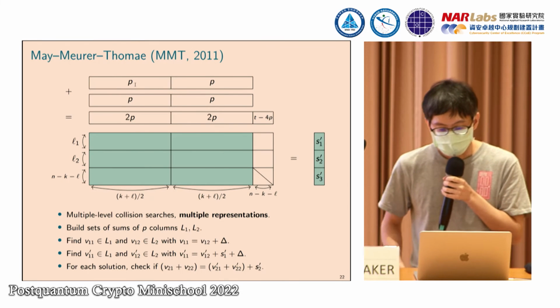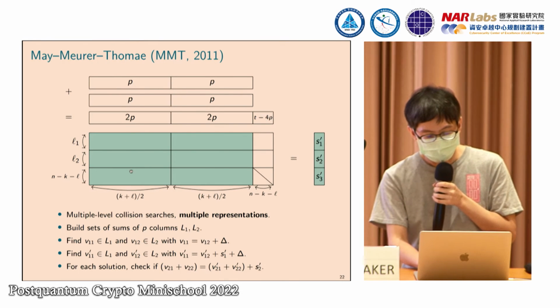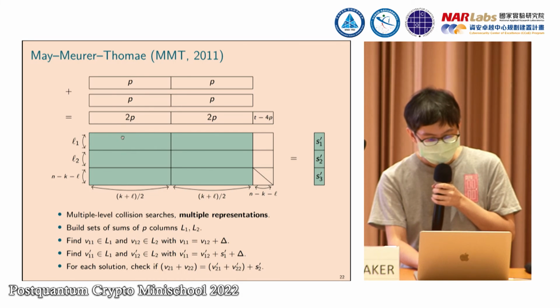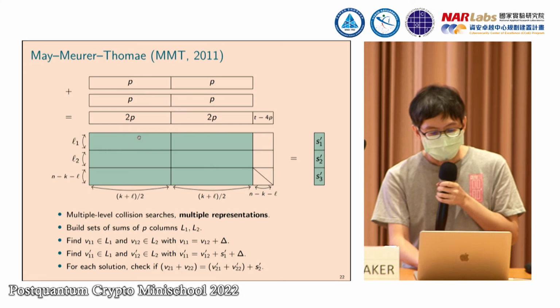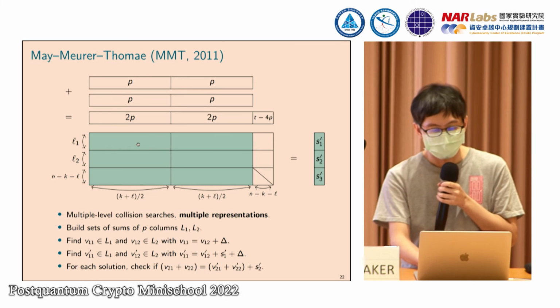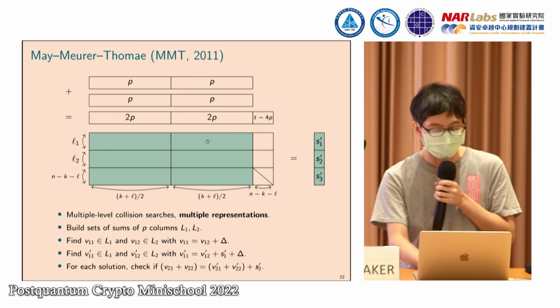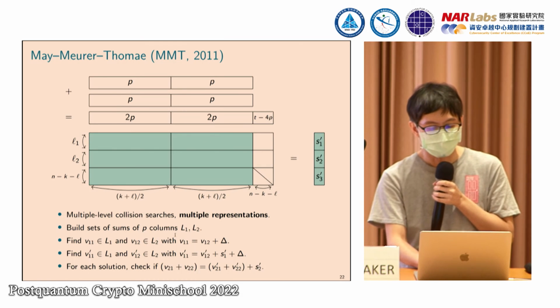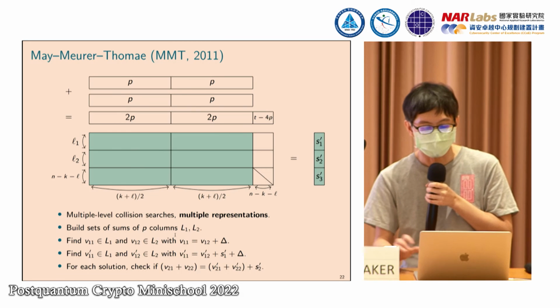Okay, and then we can see how the multiple collision search works. Again, we try to compute the sums of p columns for this submatrix. We try to compute the sums of p columns for this matrix. And the corresponding lists are going to be called L1 and L2.